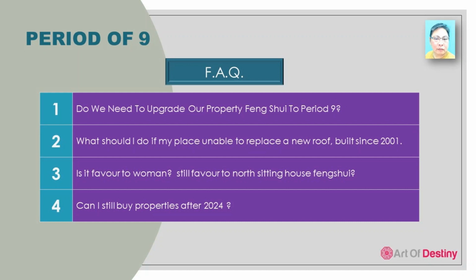Now, does it favor north sitting house? Well, north sitting house means you are facing south. Not necessarily, because facing south is not always a good Feng Shui thing. This is also something that many people think, that my house facing south is the best Feng Shui. No, sorry to say, not true, right?